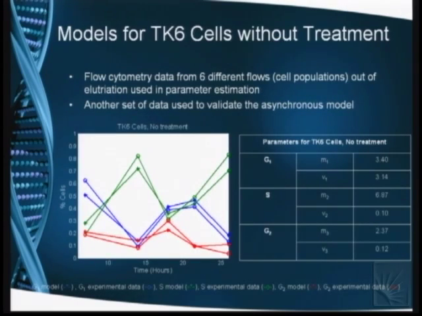And we have used 6 of these different flows to do the parameter estimation. And we have used the 7th set, which was a longer time course, to validate the model. And these were the model parameters, and our collaborators said that they make the most biological sense from their biological insights.